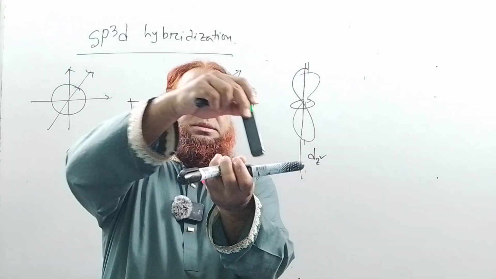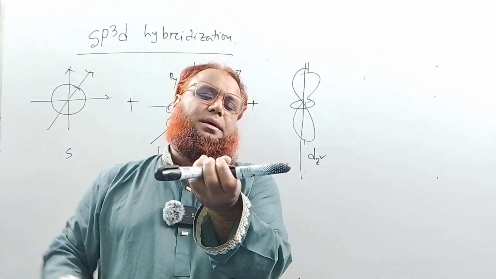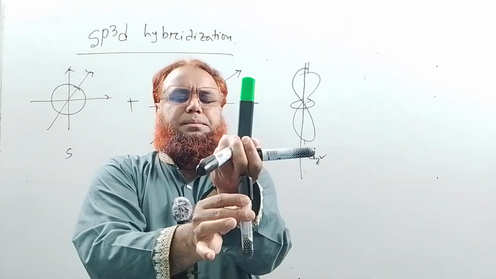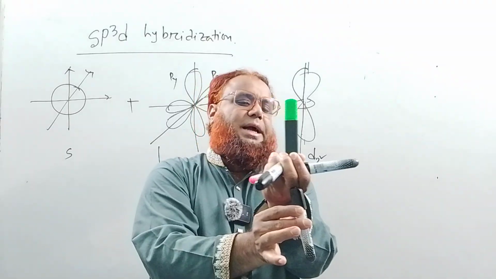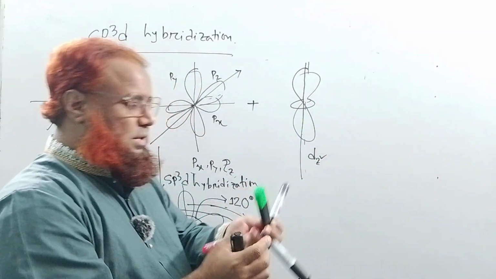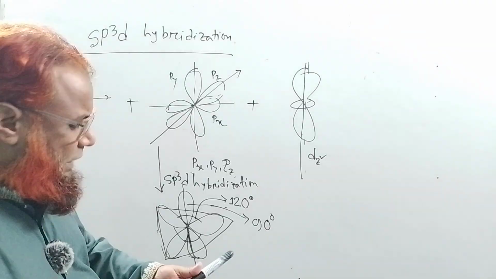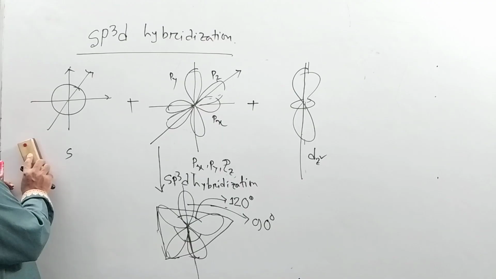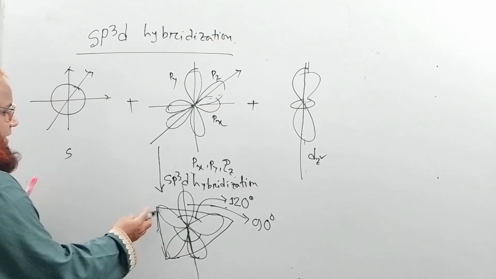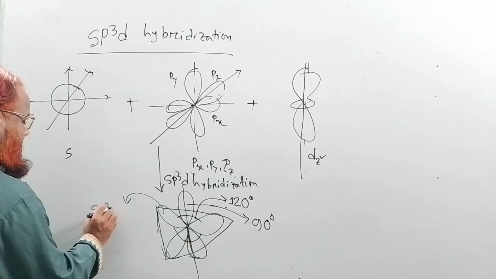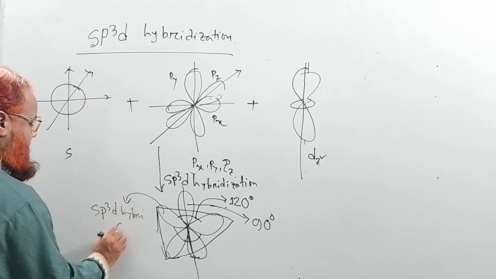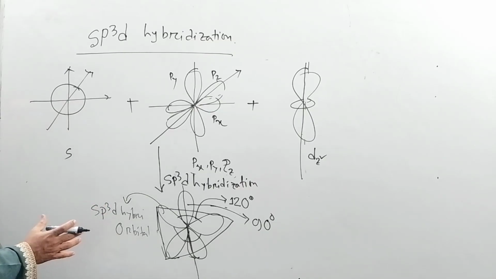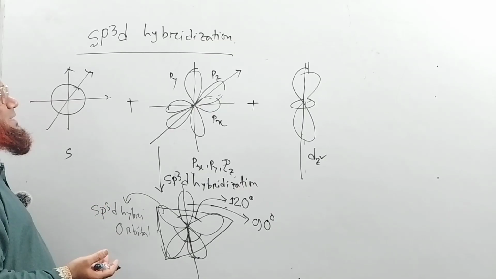So this triangular shape will make 120 degree, but this perpendicular shape will make 90 degree in the upper condition and the lower condition. So trigonal bipyramidal will make a total arrangement of 5 orbitals. Now we will give you an example in this regard. Every orbital here is known as an sp3d hybrid orbital.